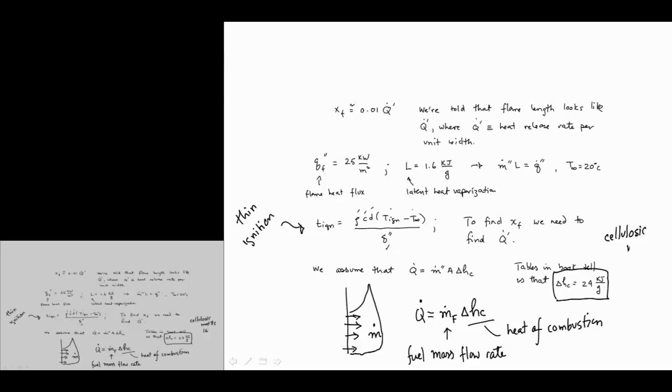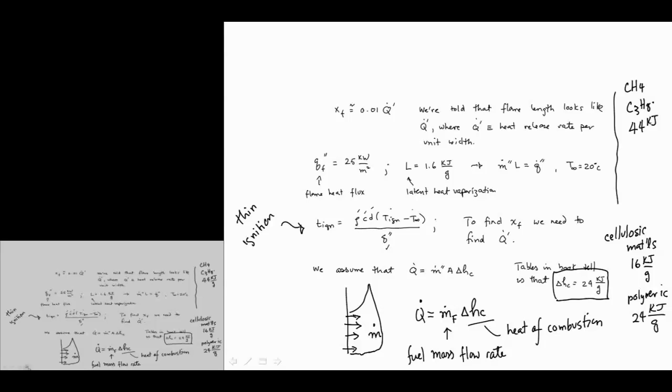So cellulose is like 16 kilojoule per gram, but a lot of polymeric materials off-gas things where they're closer to this 24 kilojoule per gram. Remember, my favorite gases, things like methane, propane, etc., these things are more like 44 kilojoule per gram. There are a lot more oxygenates and a lot more other stuff that comes out of these materials, and that's why you have a lower heat of combustion.